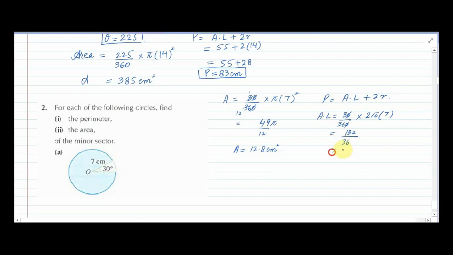It's 3.67. Now the perimeter is arc length, that is 3.67 plus 2 times its radius, that is 7. So 3.67 plus 14. The final answer is 17.67. That is the perimeter. So same working formula, same strategy, in fact, in every question, right?